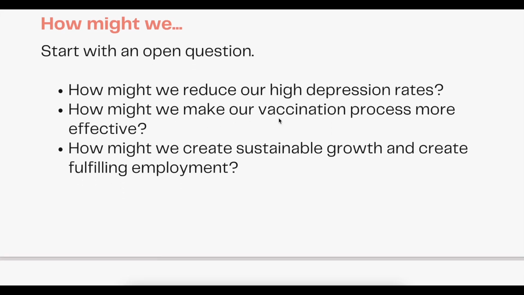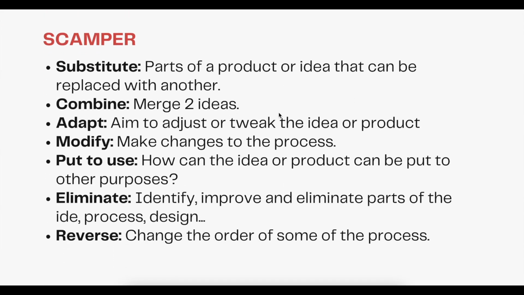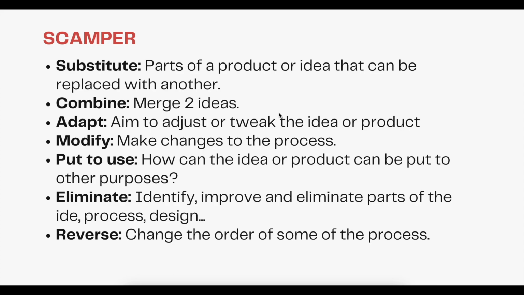The next one is SCAMPER. This one is one of my favorite ones. It provides seven different lateral thinking techniques, and it's perfect during the idea development phase. In this case, you can think about an idea or a product or a service, and you can follow these 7 challenges to think outside the box.